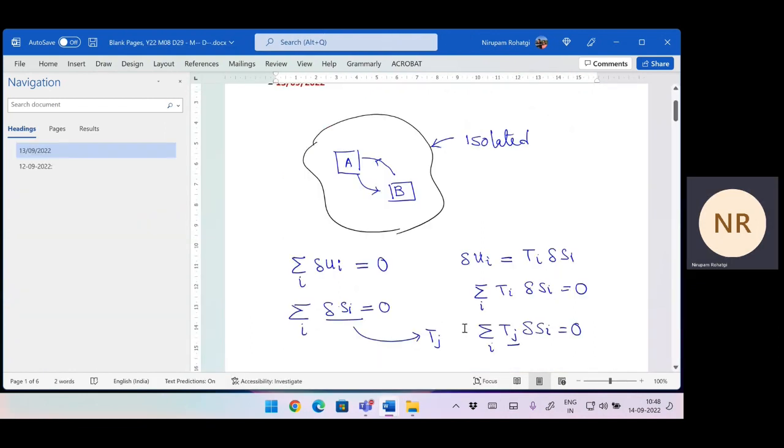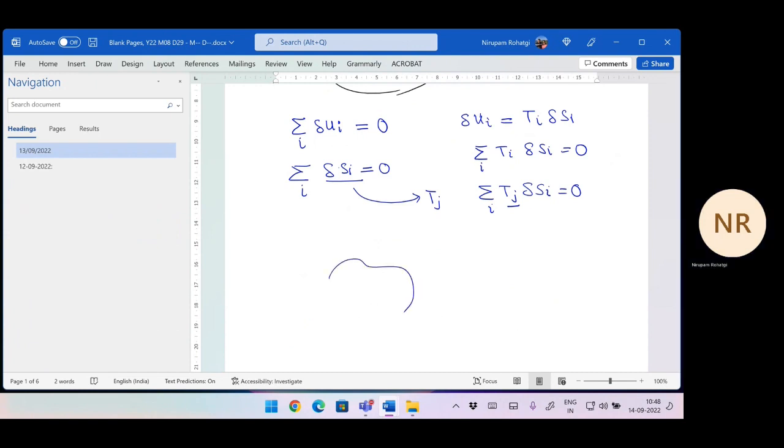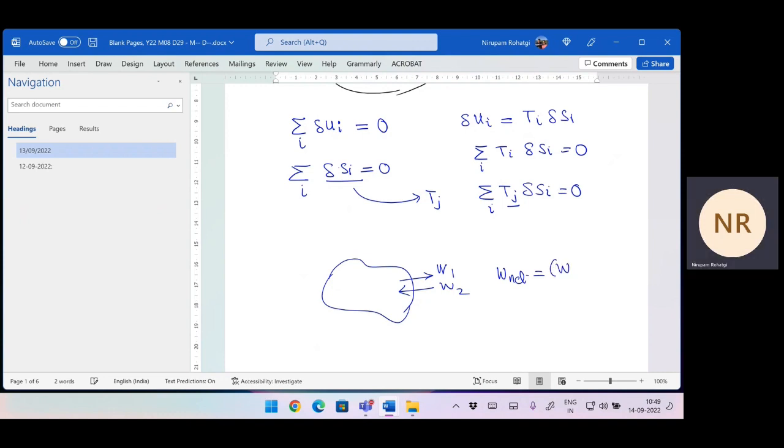If you have a system here, your work can flow like this, you can flow like this. So this is W1 and this is W2. So W net kya hai? Work done by the system on the surrounding. That will be W1 minus W2. Okay. So we are talking about net.